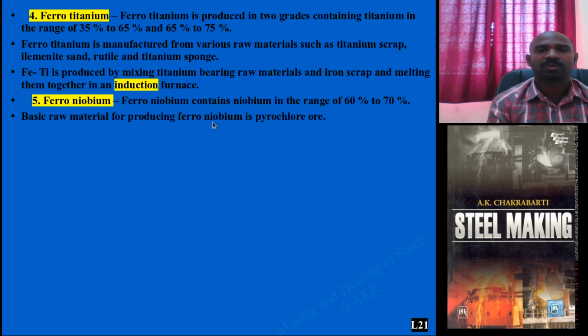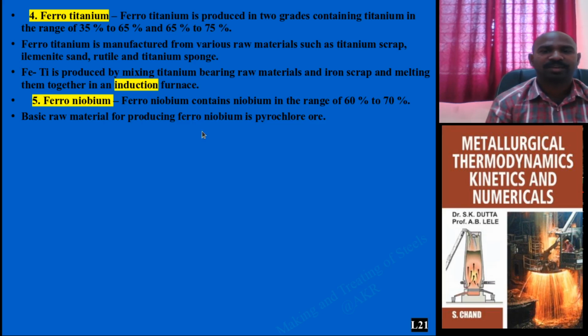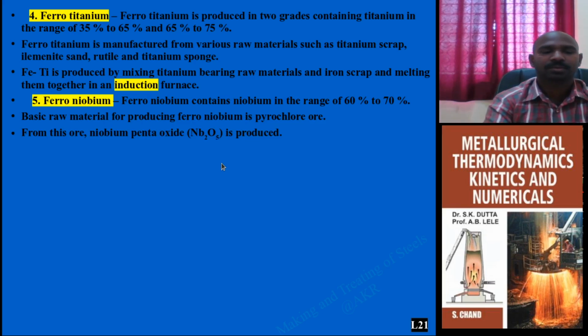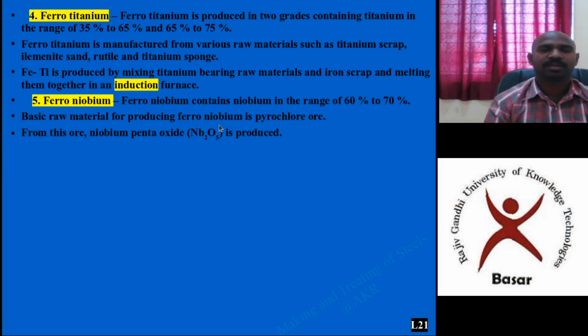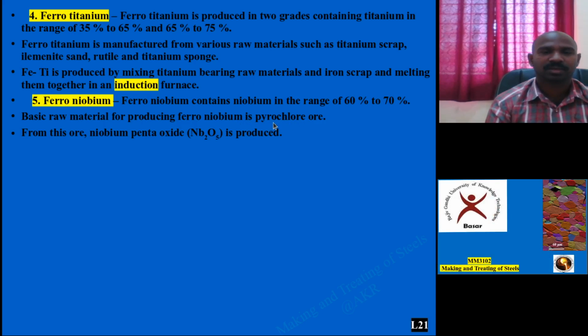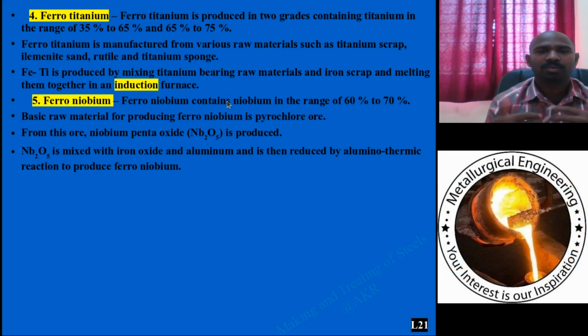These are separated, and that niobium is added with the iron scrap in an electric arc furnace to produce ferroniobium. From pyrochlore, niobium pentoxide is produced by separating niobium and tantalum, and it is in the form of oxide. This is added with the iron scrap.